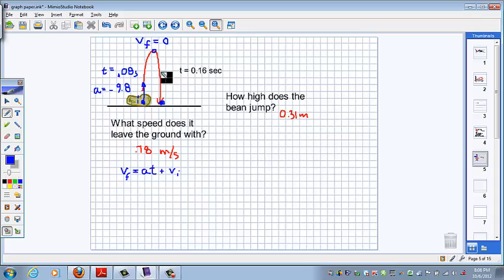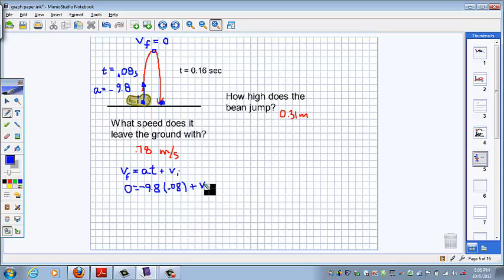Final velocity 0, let's put it in. Acceleration, negative 9.8 while it's in the air. And the time that it's in the air, we argued, was 0.08 seconds. And we're trying to solve for the initial velocity.